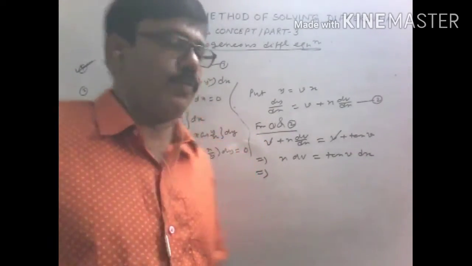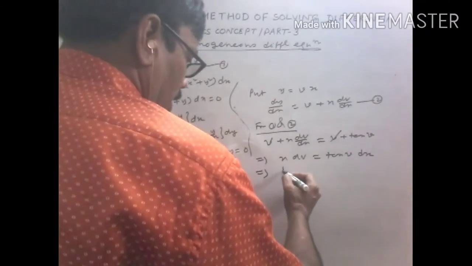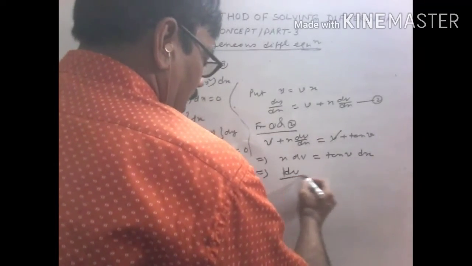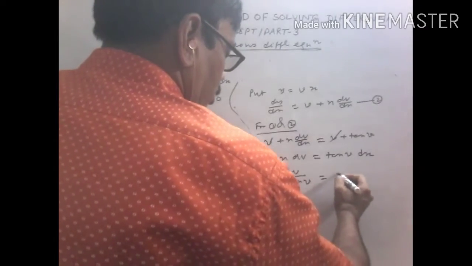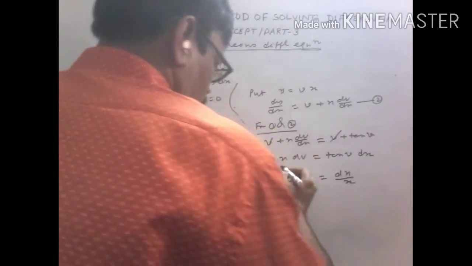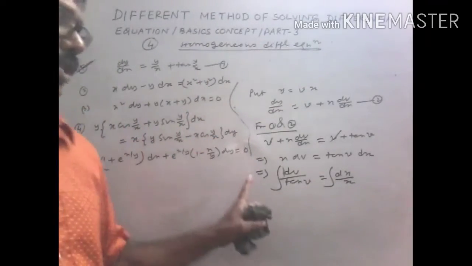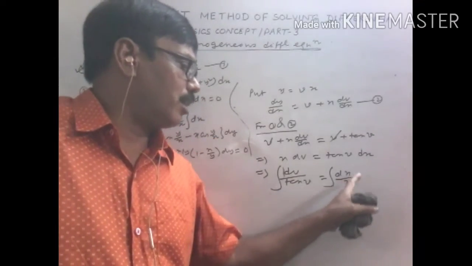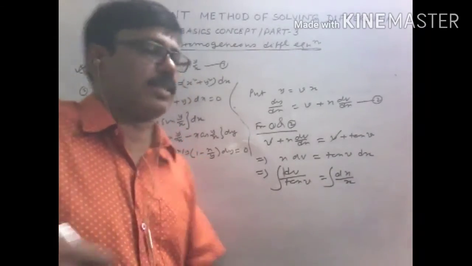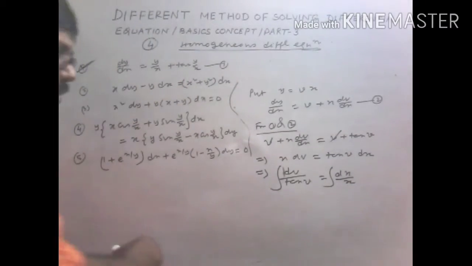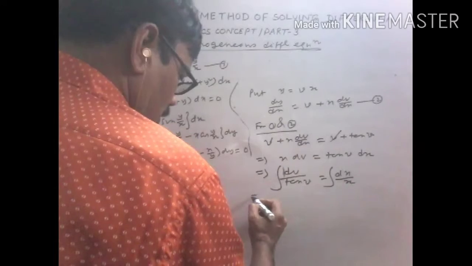Now separate the variables. Finally you have to separate the variables. So dv/tan v equals dx/x. So the variables are separated. If it is homogeneous, then the right hand side is always dx/x if it is a function of y/x. So what is cot v?